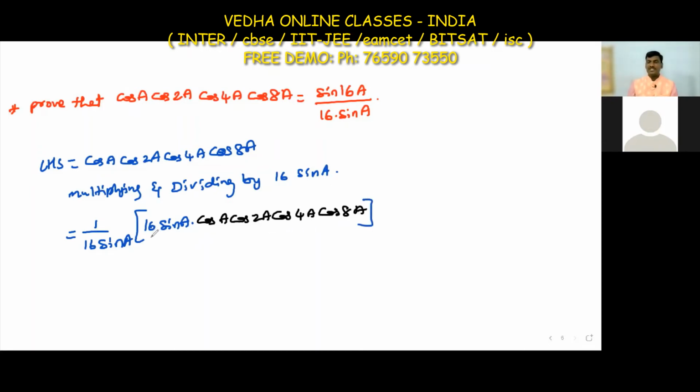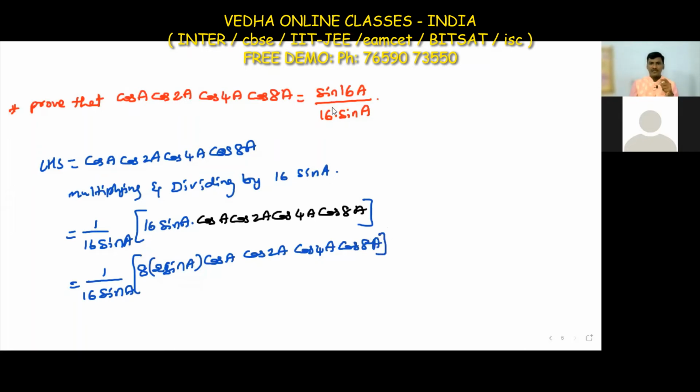This 16 sin A, I am writing as 8 times 2 sin A. So 1 divided by 16 sin A, and 8 I am writing outside; 8 times 2 is 16. So 2 sin A I have written here, and cos A, cos 2A, cos 4A, cos 8A. Observe carefully: 2 sin A into cos A we can convert using the formula.